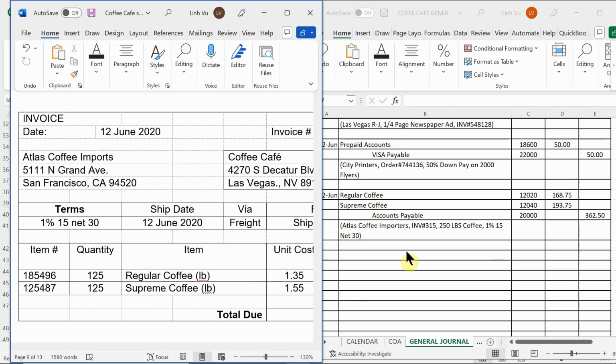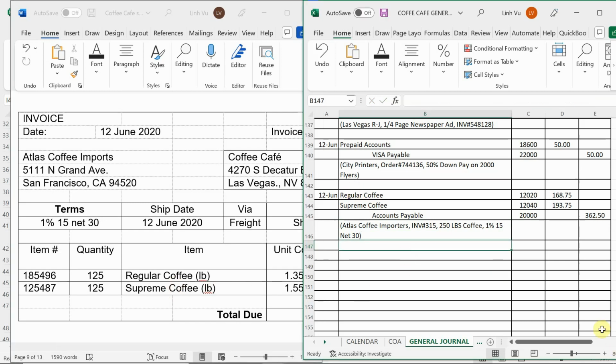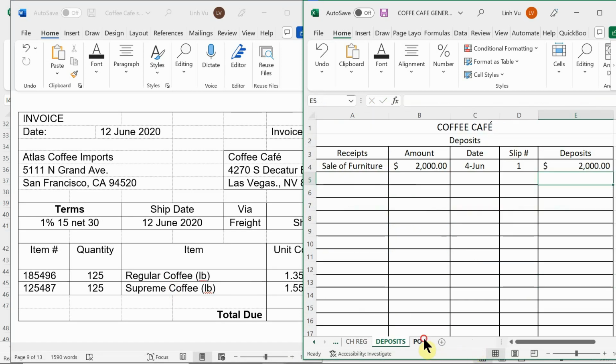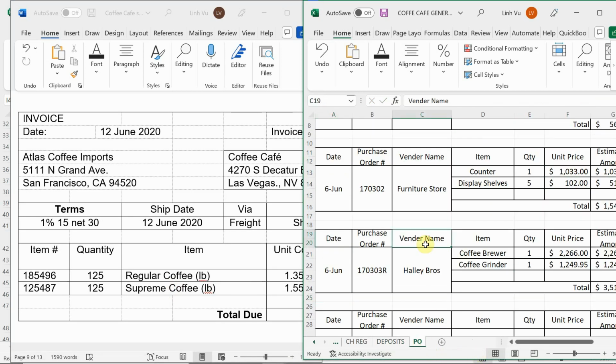Now that we have my journal done, what should you do first before you forget? Post it in your general ledger? I already know I'm going to post it to the ledger, so that's not something I would tend to forget.